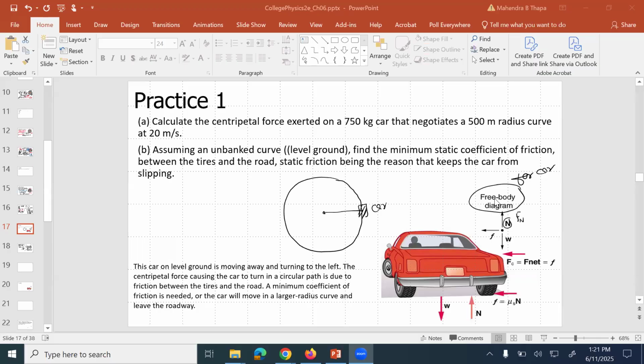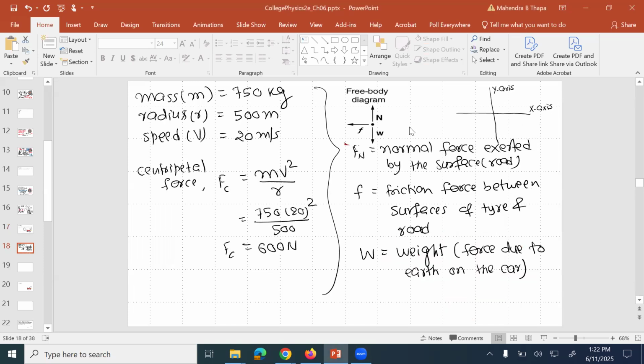So let's look at this free body diagram. I choose my coordinate system just like this. Left, I consider negative x, right positive x, up positive y, and down negative y. These are the forces acting on the car.